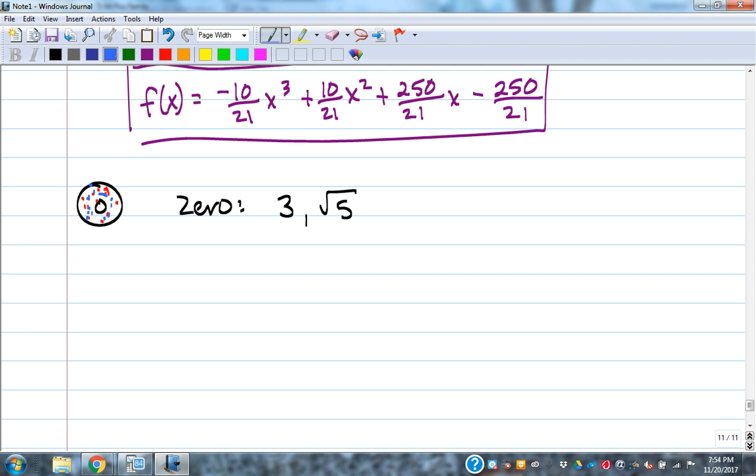All it tells you is that anytime you have a radical or a complex number as a zero, and they tell you about one of them, there's another one hidden. That square root of 5 also has negative square root of 5 as a zero. This one, they kept a secret.